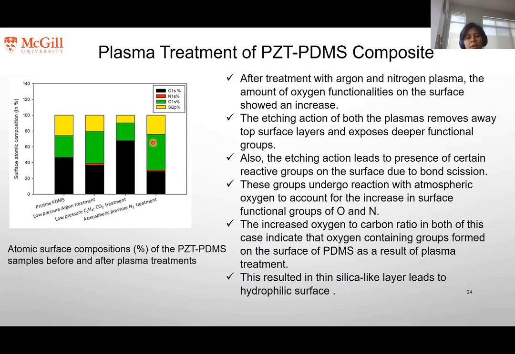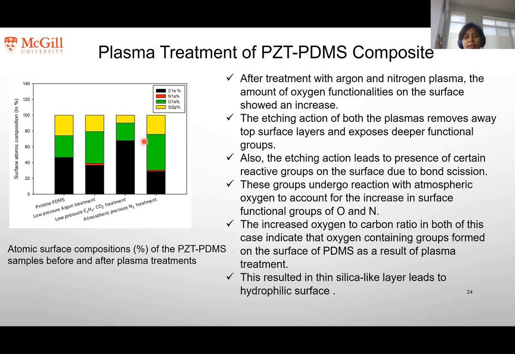The reason it happens is because in both cases it's an etching action. The plasma removes the top surface and exposes the deeper functional groups. The etching action also leads to the presence of certain reactive groups on the surface, which tend to bond with atmospheric oxygen, and that's why the oxygen increases.